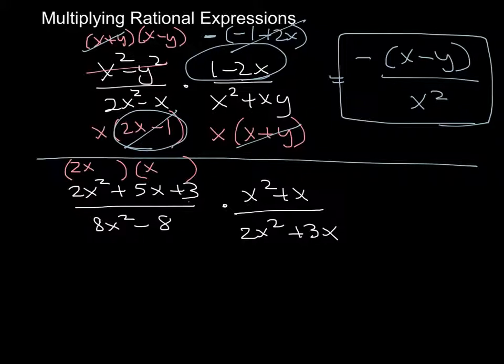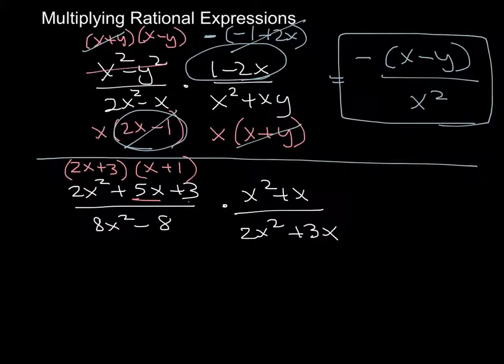And this 3 here, I know that I need to have a 1 and a 3. So in order to come up with the 5x for that middle term, I need to have 2x plus 3 and x plus 1. So when I multiply those together, I would get 2x squared plus 5x plus 3.